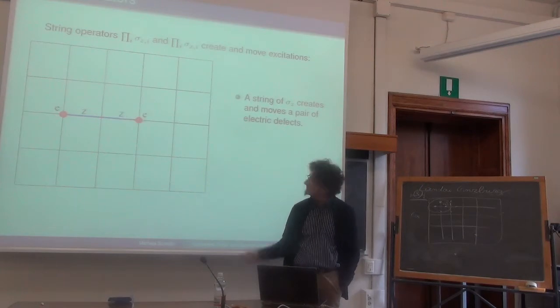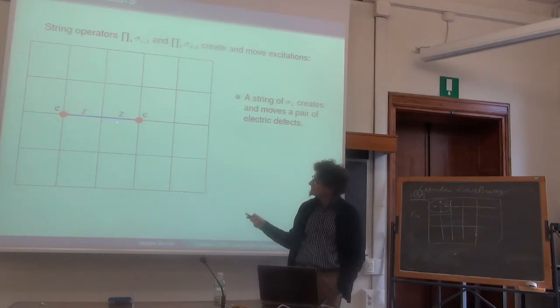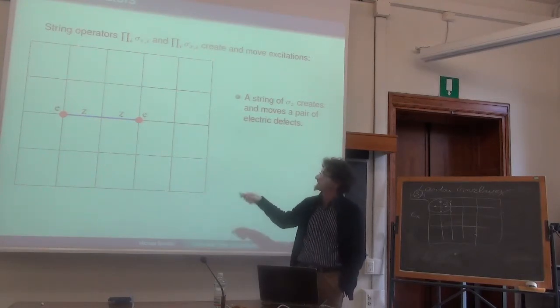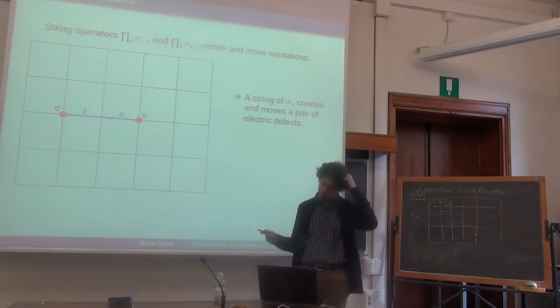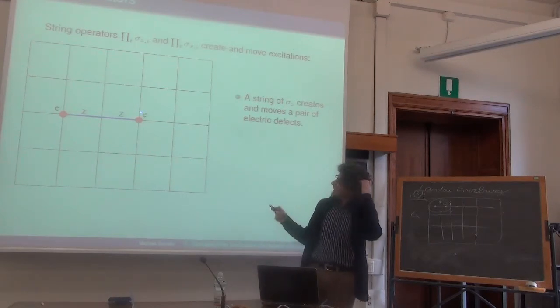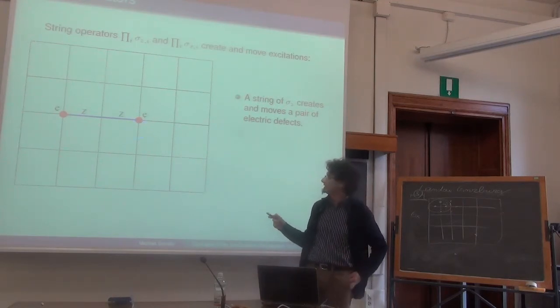Now, if I apply a sigma z close to the first one, the vertex operator in the middle has essentially 2 terms which commute with it, and it's flipped back to a value +1. So now the two vertex operators A that I am violating are in this position and in that position.